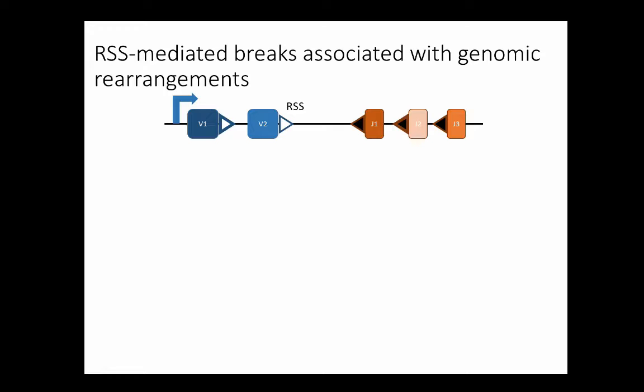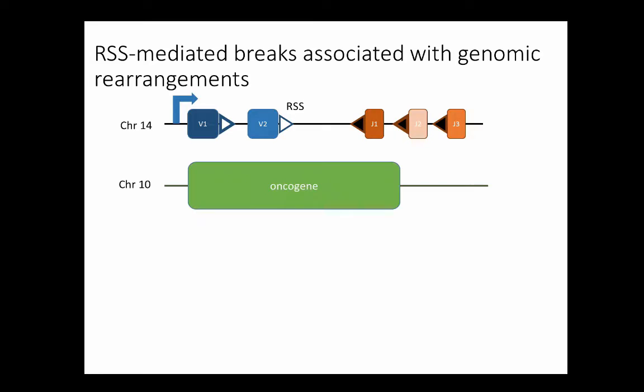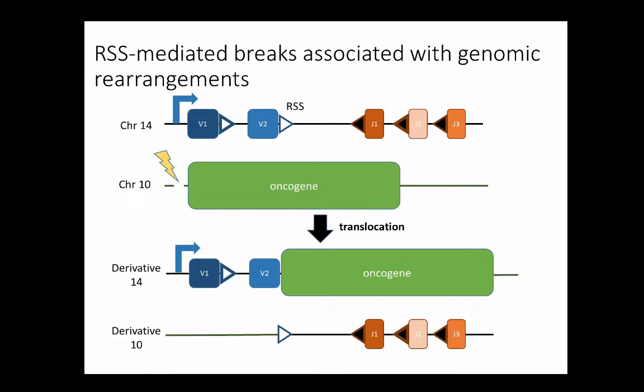The normal process of T cell development requires these DNA breaks, because if cells do not have a functional TCR, they're not going to pass, for example, positive selection. However, things go wrong all the time, and if we have, for example, a DNA break elsewhere in the genome and a DNA break at the correct place in the genome, for example at a TCR locus, these two positions can form substrates for DNA repair, such that we now have a translocation, resulting in a transfer of material from, in this example, chromosome 10 to chromosome 14.